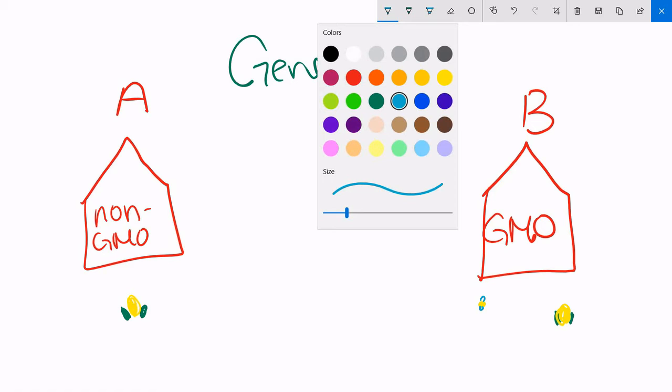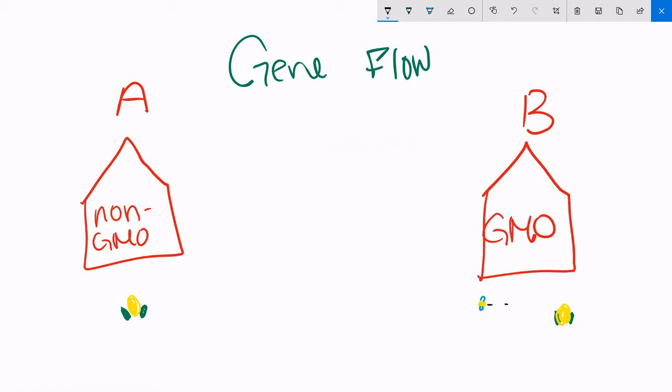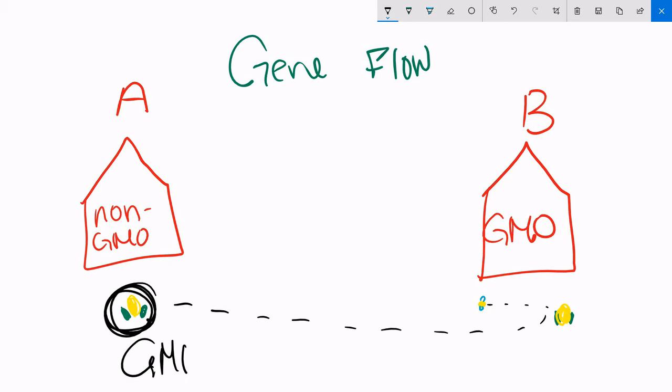So what it will do is it will go to the GMO plant, take some pollen from that, and then it will go to the non-GMO, fertilize that plant with that pollen from the GMO plant, and that will cause GMO plants to be created on farm A. And some people that are against GMOs think that this is bad because they think GMOs are more dangerous for people. However, many studies have shown that GMOs and non-GMO plants have no difference in the amount of risk that they provide to your health.